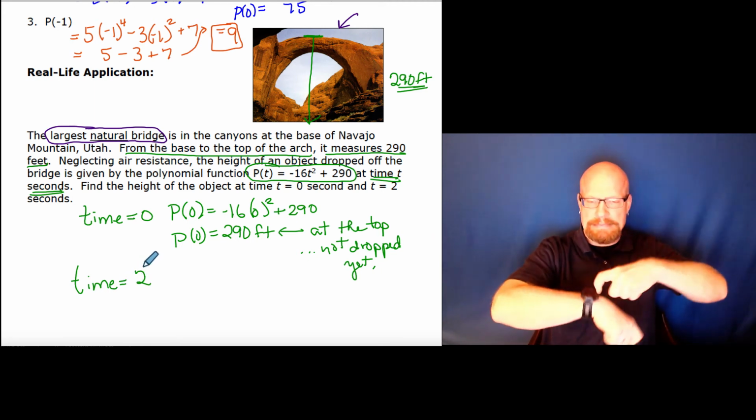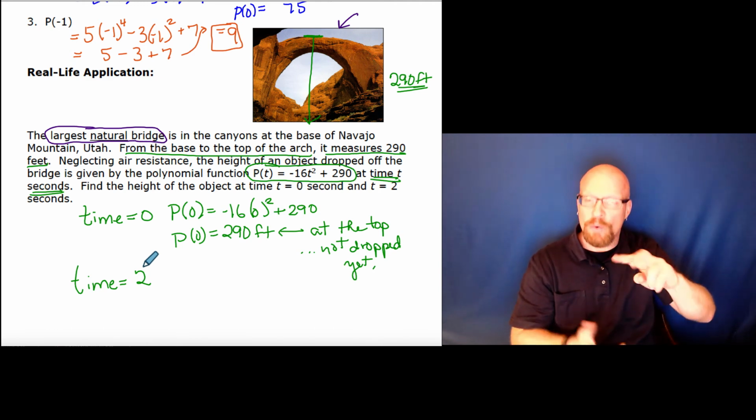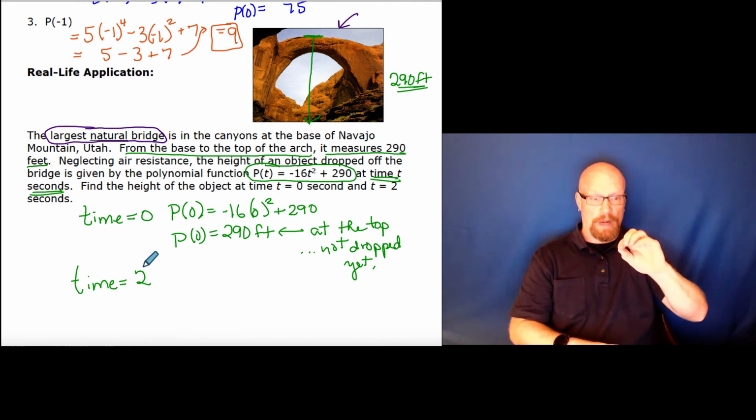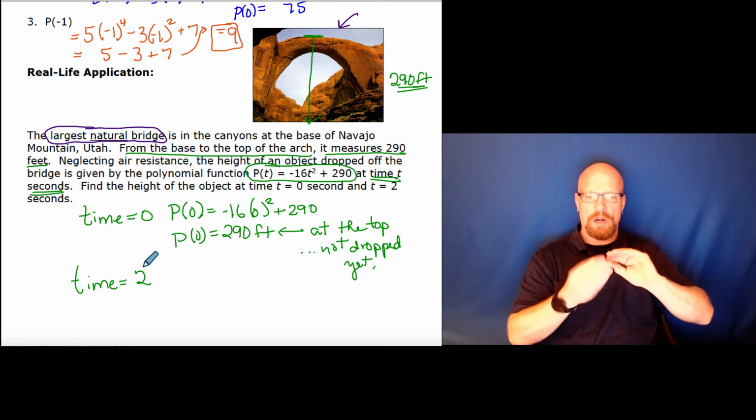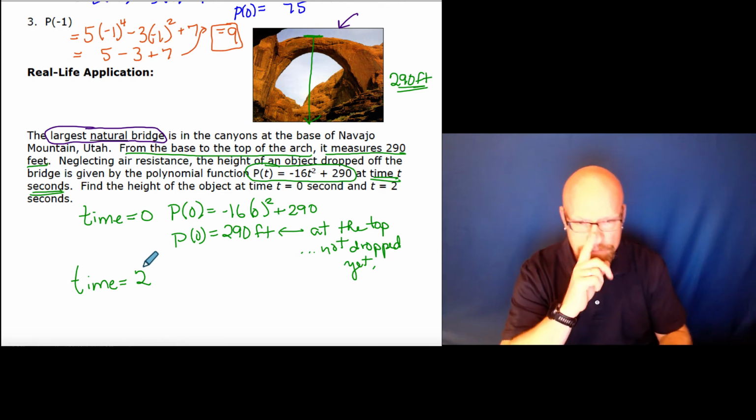Now at time t equals 2 seconds, where is this object that's falling? From 290, the object is going down. We should expect a lower number, not higher than 290.